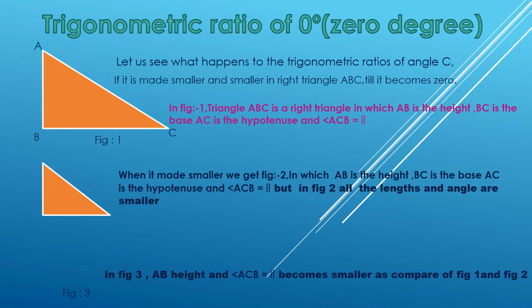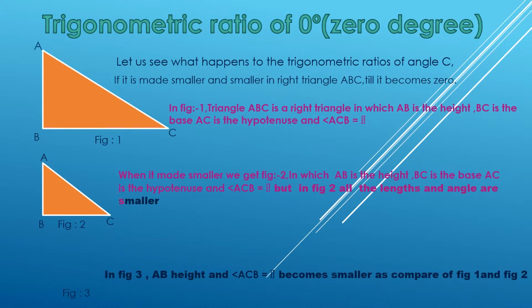But in figure 2, all the lengths and angles are smaller than in figure 1. But one more thing is there. In figure 1, you look at BC, the length of BC is larger, while in figure 2 it looks smaller. But in both cases, the length of BC is the same.